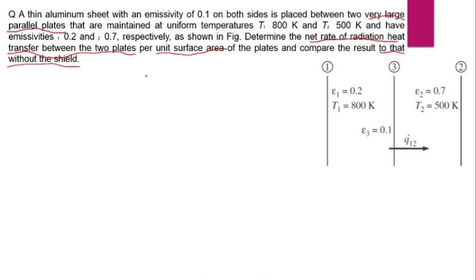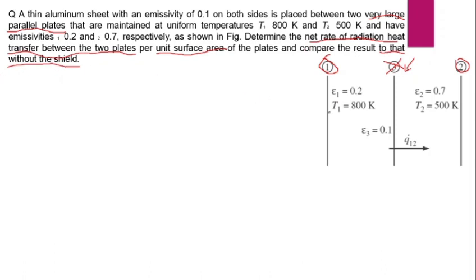Okay, so first we are going to find out radiation between surface 1 and surface 2 without 3. So in the first case we don't have 3, because they are asking us to compare the result to that without the shield, right?